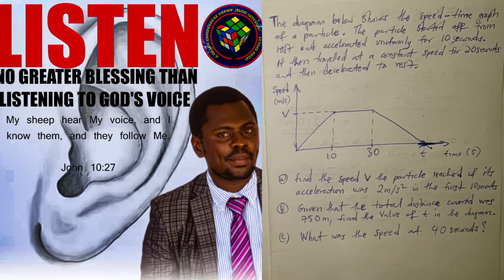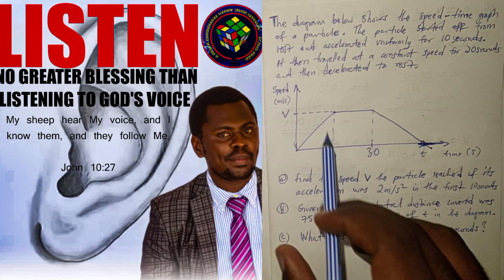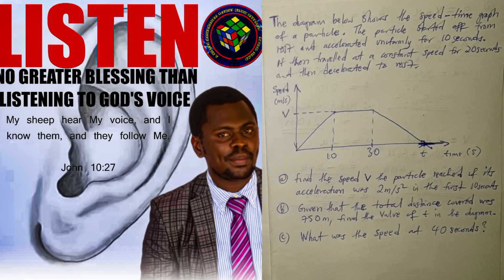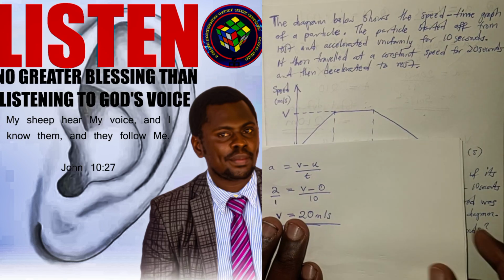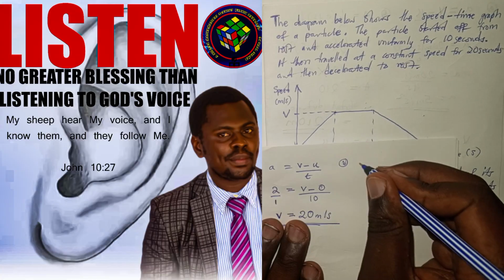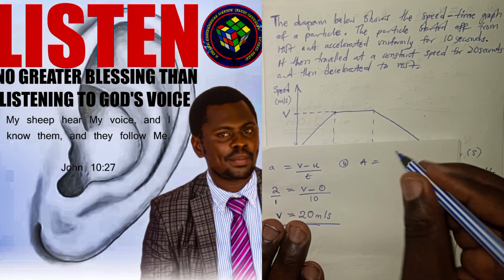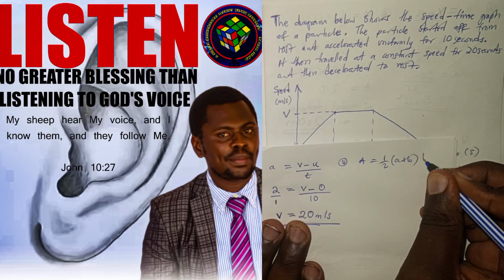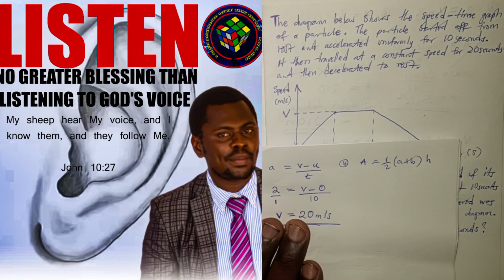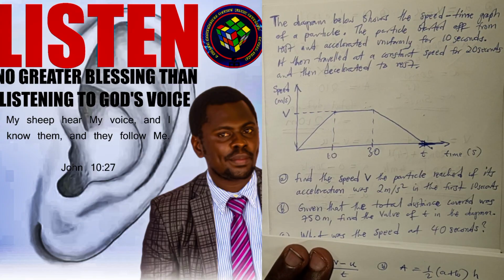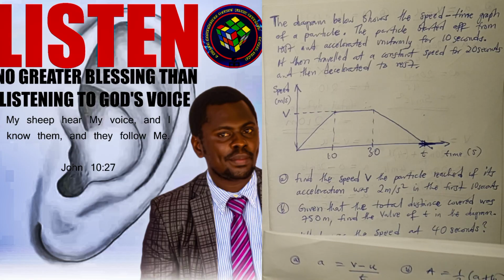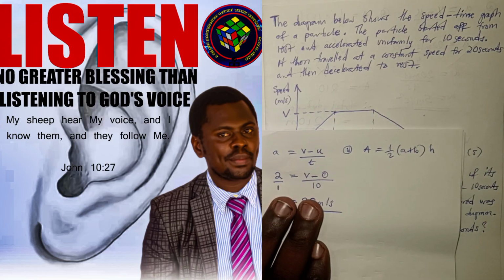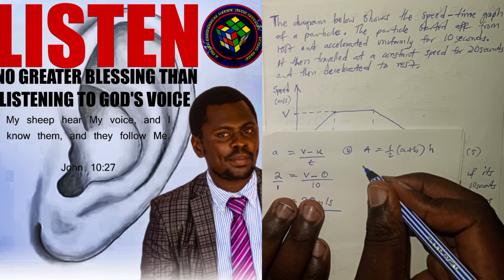So it's total distance. So here you can see that this shape is a trapezium. So you just find the area of a trapezium. So area is equal to half (a plus b) multiplied by height. Now we know that total distance is 750 meters. So where this area is, you put 750.